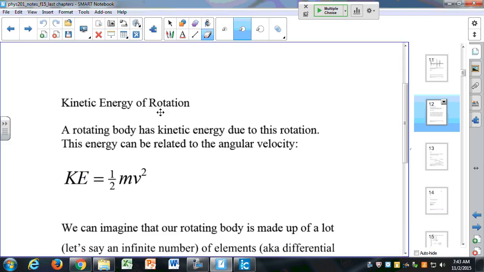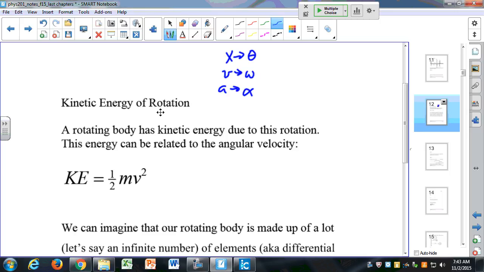All right, so remember we've been making these transitions from linear to angular quantities. Before we had x, now we have theta. Before we had v, now we have omega. Before we had a, now we have alpha. Before we had force, and now we have torque. We'll see a couple other things now as well. We have kinetic energy in a linear sense, and we'll also have a rotational kinetic energy.